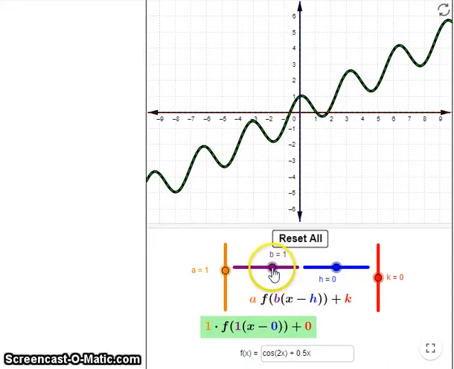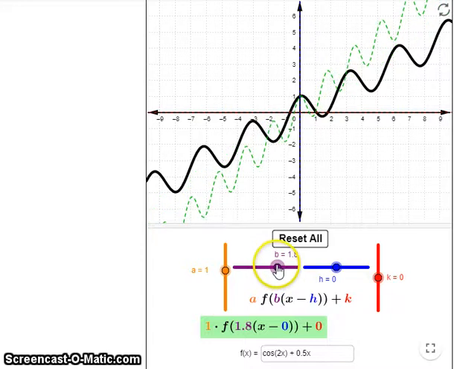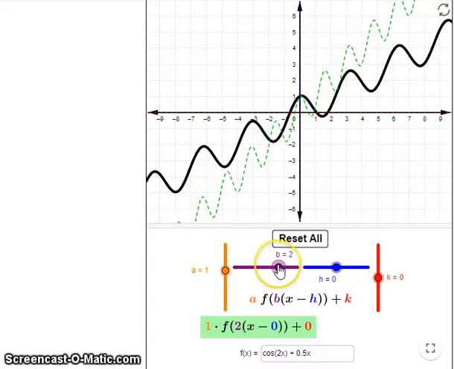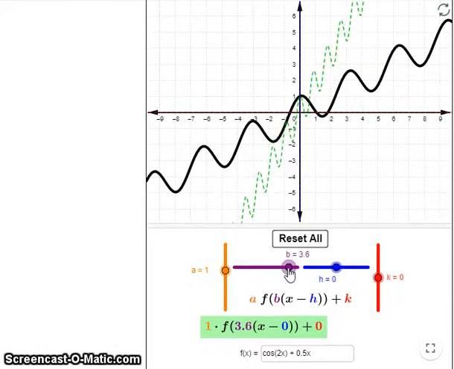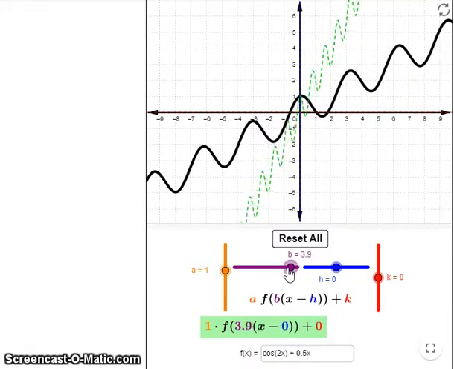Let's take a look. As b increases, let's go up to b equals 2, my graph actually gets narrower. So I've actually changed the shape, compressing it in a horizontal direction. And the larger the value of b gets, the narrower the graph gets, the more compressed it gets.